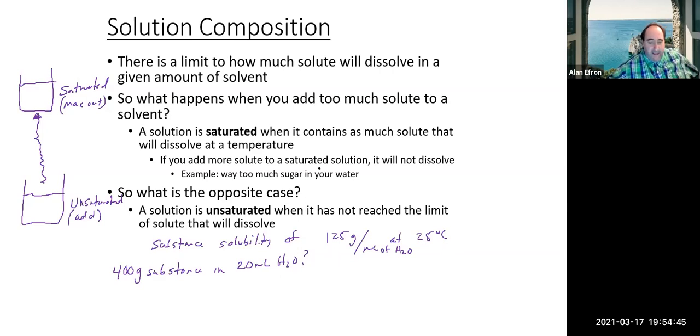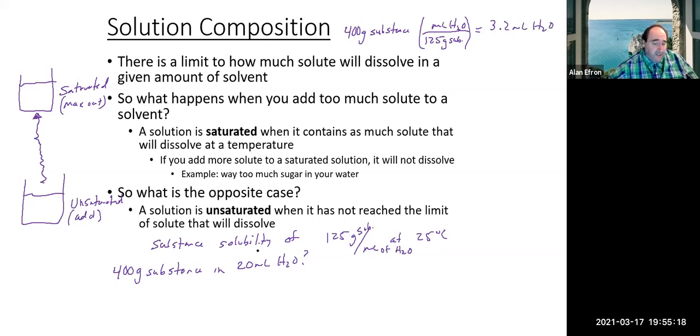If I wanted to dissolve 400 grams of my made up substance, and I know that I could dissolve 125 grams of it in a milliliter of water, and I just made that up, that means I would technically need 3.2 milliliters of water to get that to dissolve.